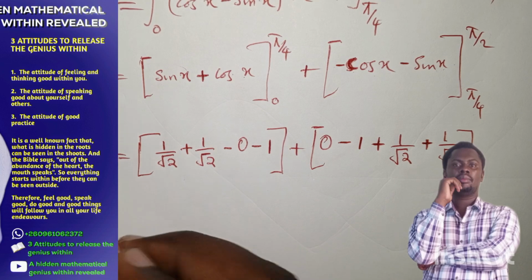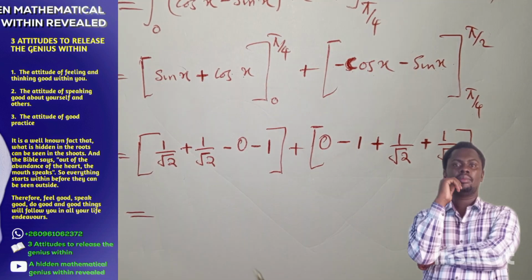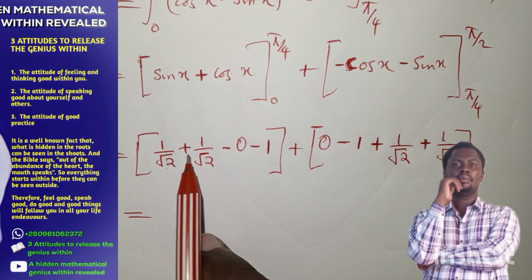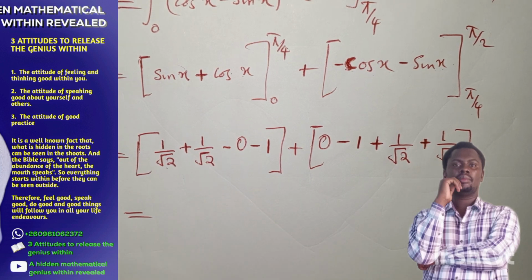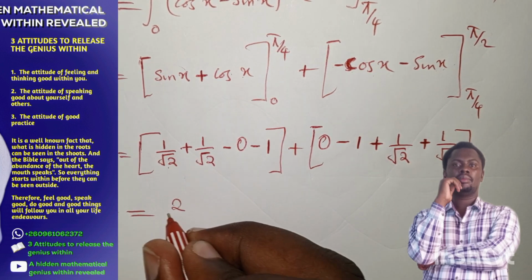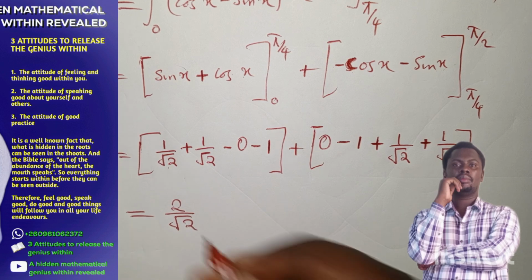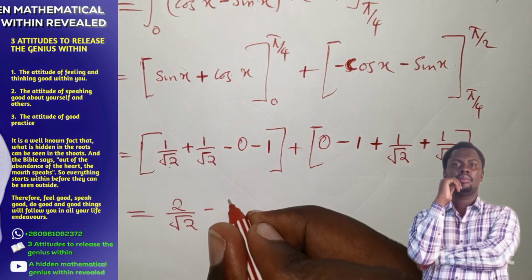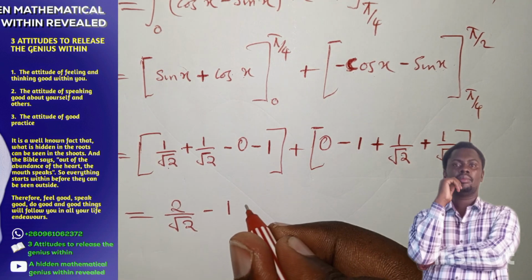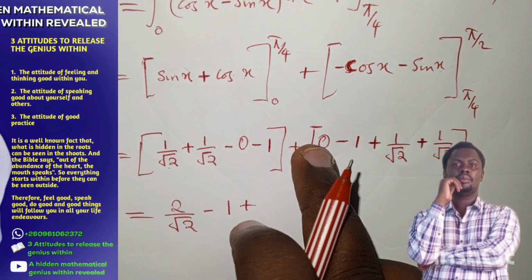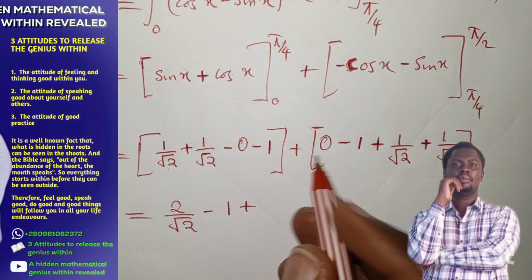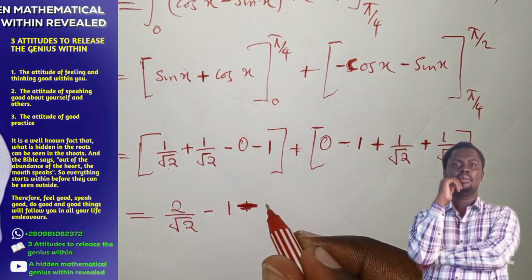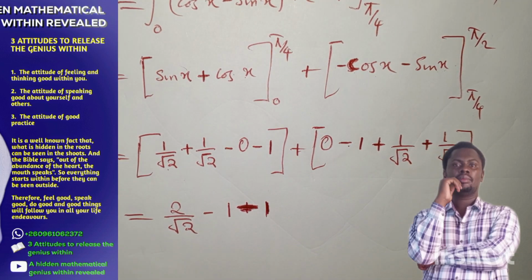Then we simplify this. So area is equal to 1 over square root of 2 plus 1 over square root of 2. You get 2 over square root of 2. This is minus 0, 0 is nothing, so minus 1. Then we have plus, this is just 0. So plus multiplied by minus, so here we are going to have a minus 1.